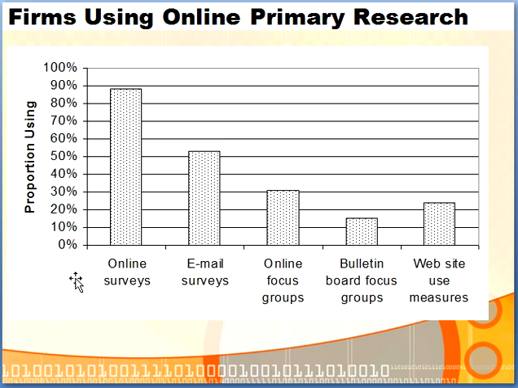Some of the tools which are used for the primary research are, as you can see, online surveys. They are the ones used most often. This is a very good tool because it has lots of advantages. One of the advantages of online surveys is that it's instant. People who go on the web put in the data and complete their survey.